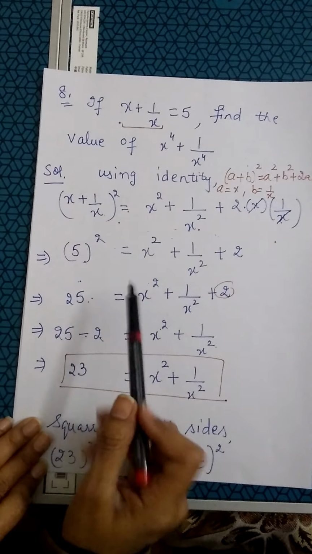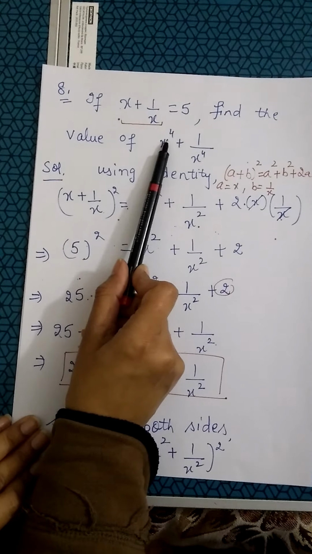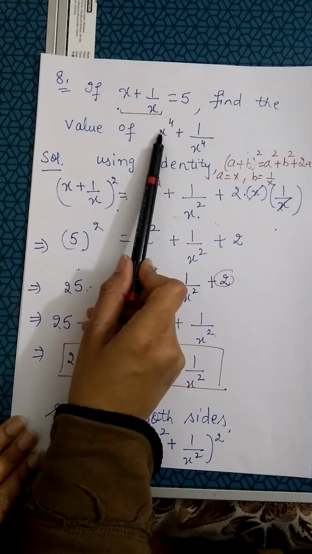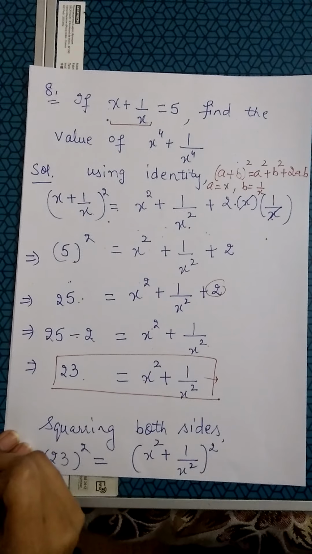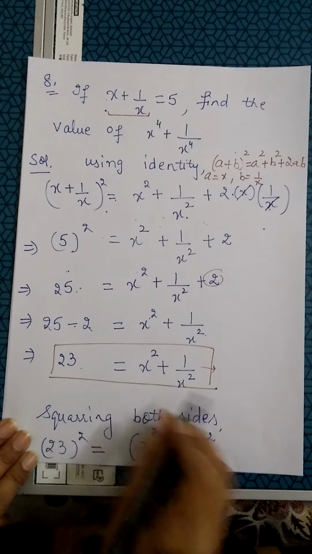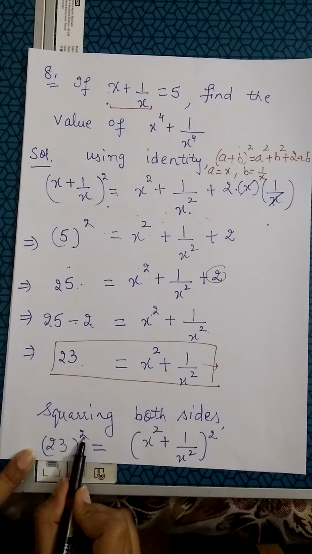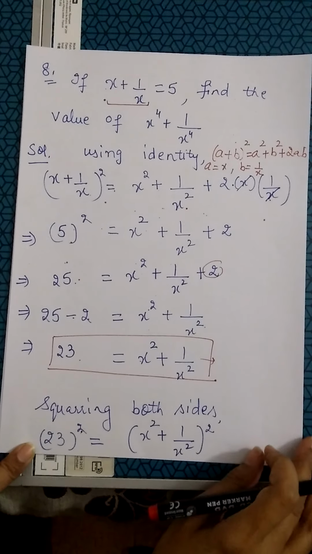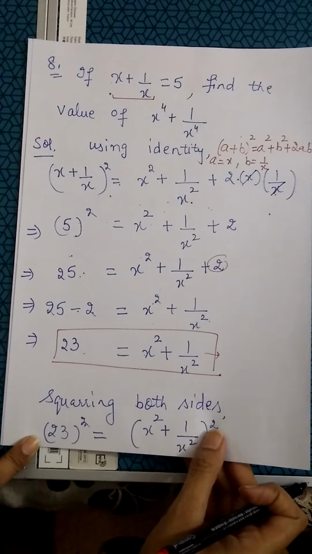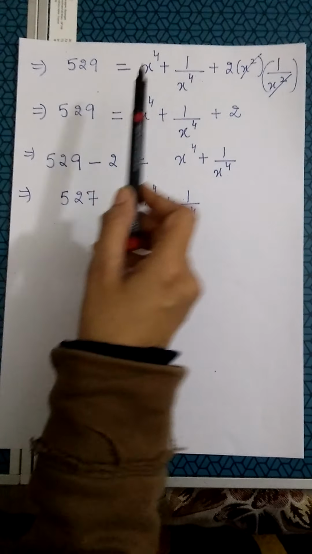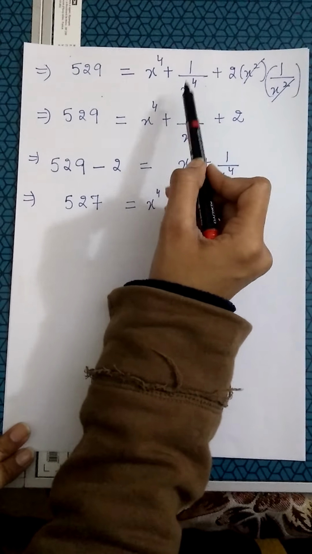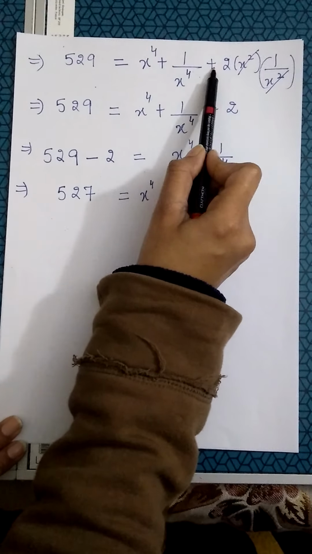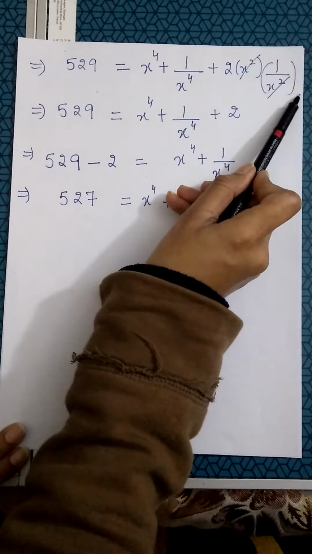But in the question, I need to find x raised to power 4. So this can be done if I again square both sides. Squaring both sides, what do we get? 23 whole square is equal to (x square plus 1 over x square) whole square. 23 square is 529. x square whole square means x raised to power 4 plus 1 over x raised to power 4 plus 2x square into 1 over x square.